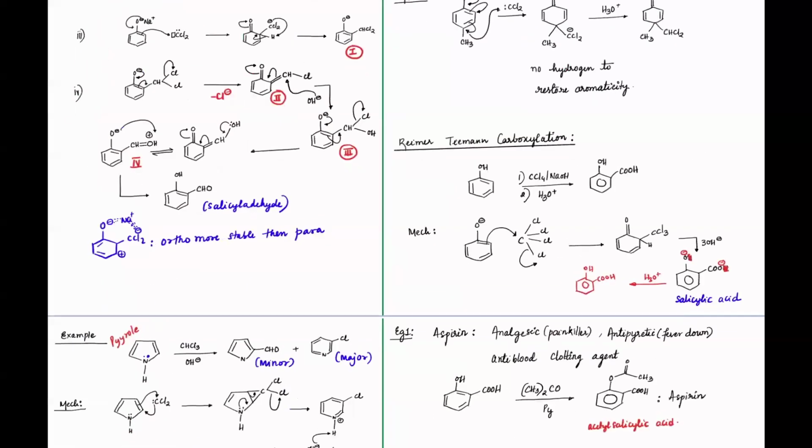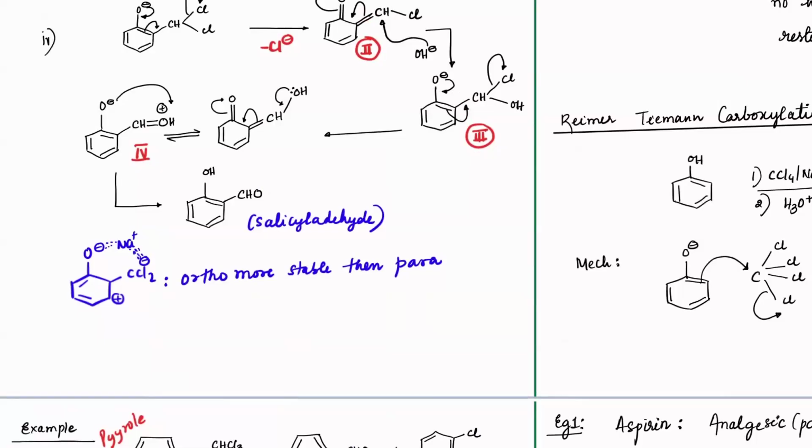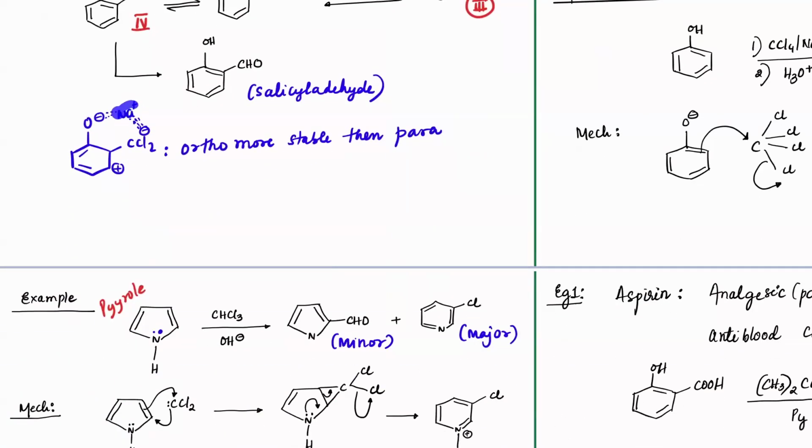In this case, what part is important? Another part which is important is that when you have NaOH added, it is this chelation of O minus and CCl minus, which helps in gaining more stability at the ortho position.